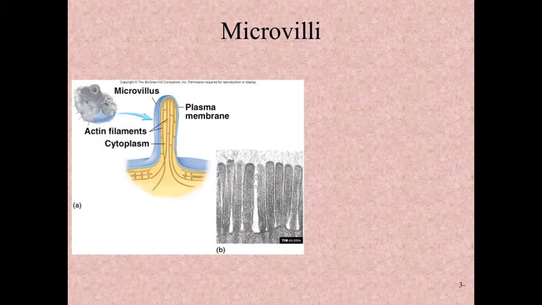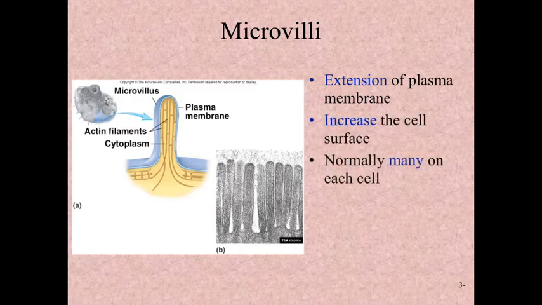Unlike the microtubules that form the structure of a cilia, the microvilli and the actin filaments that support them do not move. They don't cause the microvillus to stroke back and forth. They're just a stationary structure, an extension of that plasma membrane.